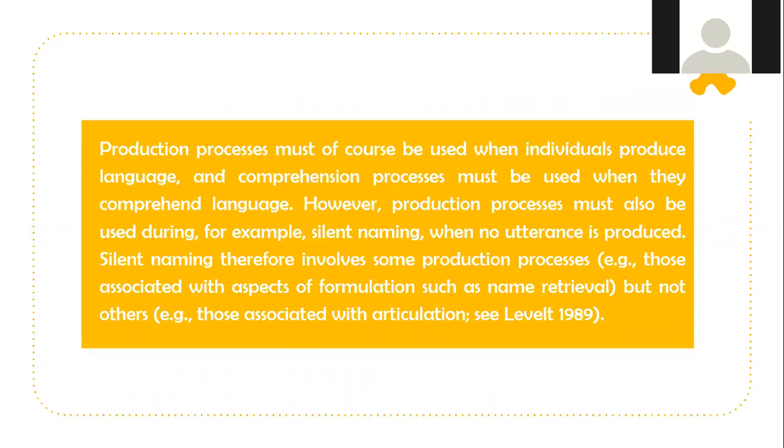However, a production process must also be used during, for example, silent naming. When no utterance is produced, silent naming therefore involves some production process. Signals associate with aspects of formulation such as name retrieval, but not others. Signals associate with articulation.